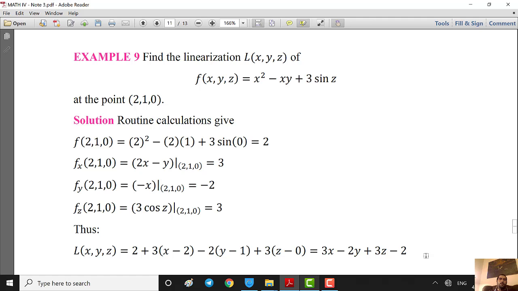You can consider a point very close to the point (2, 1, 0), for example (2.01, 1.01, 0.01), and see what is the difference between the linearization of f equal to this at that point and the actual value of the function f at that point.